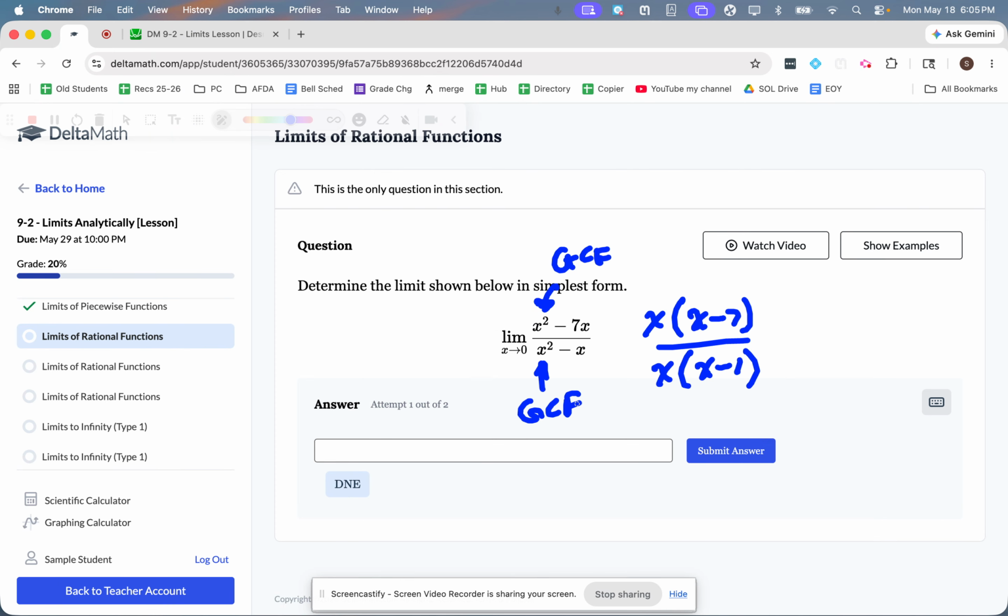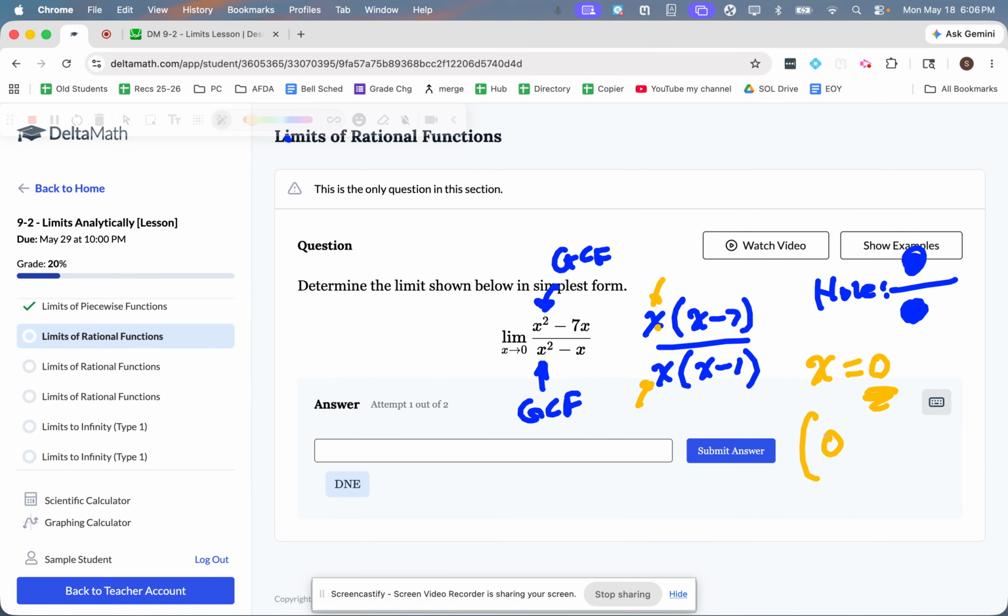Now, the rule for a hole: you have the same factor on the top duplicated in the bottom. So what factor is that? It's this one. So you do have a hole at the zero of x, which is 0. So you have a hole where x is 0.